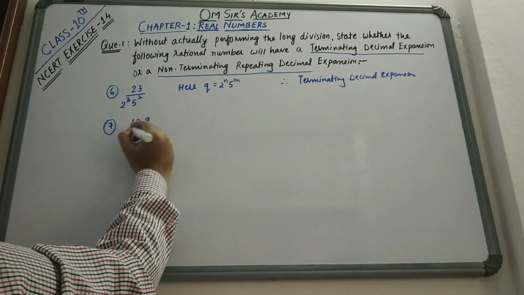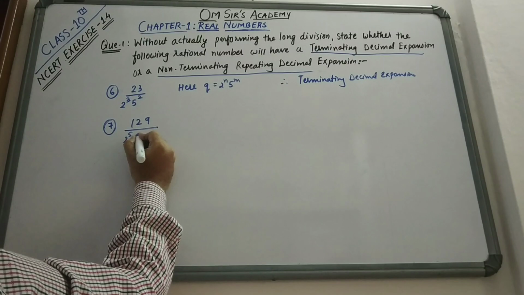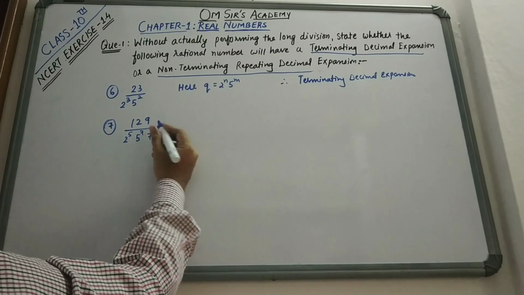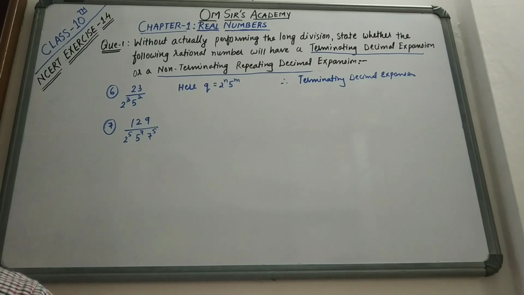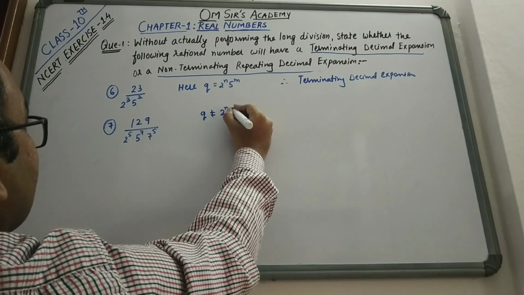Then next is 129 upon 2 raised to 5, 5 raised to 7 and multiplied by 7 raised to 5. So what kind of decimal expansion will it have friends? Yes, it will have a non-terminating and repeating one. Why?